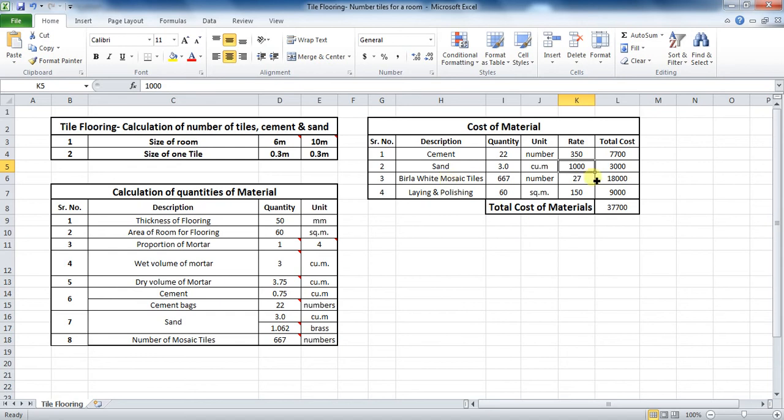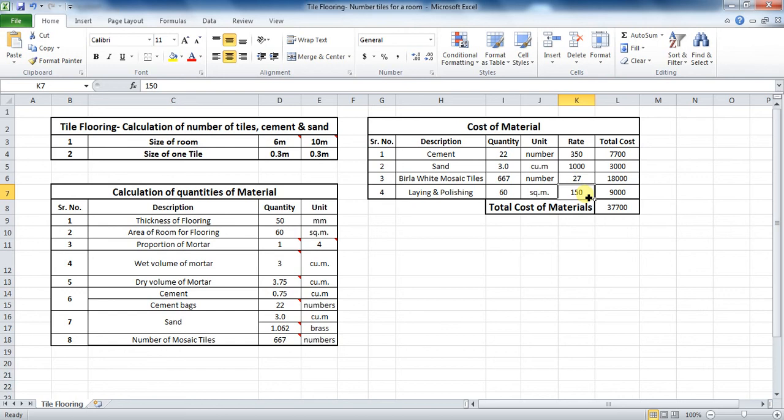As I am using Birla white mosaic tiles, the current rate of these tiles is 27 rupees per tile. You can use any other tile and put its rate here. Rate of polishing and laying is considered as 150 rupees per square meter.